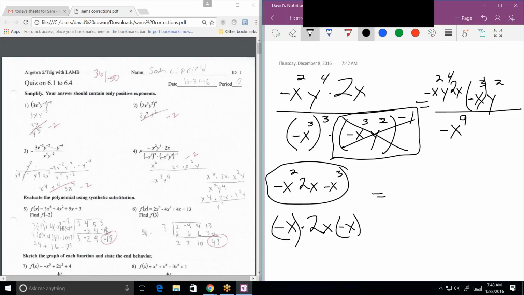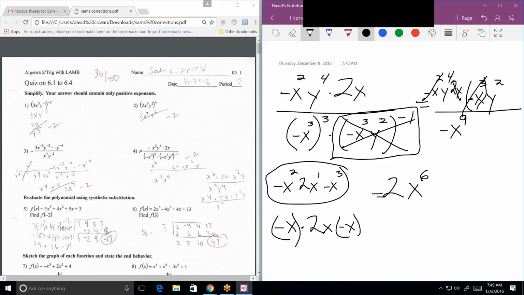So you get a positive x, there's a 2 in front of it, and then add those three exponents because we're multiplying three bases that are the same. They're all x. So add those three exponents, you get 6.